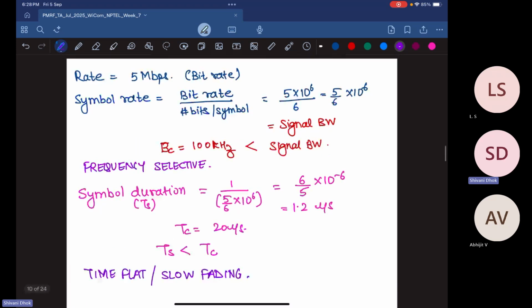Okay, so based on the information given to us, we see that the given channel is coming out to be frequency selective and time flat for the given case.